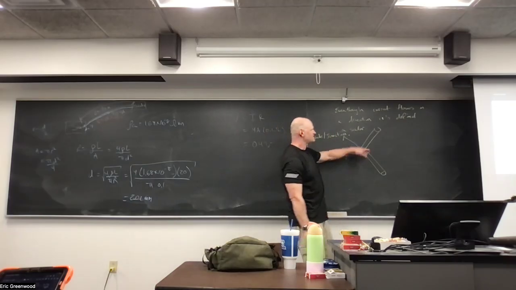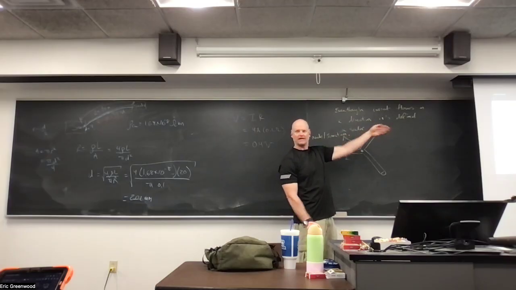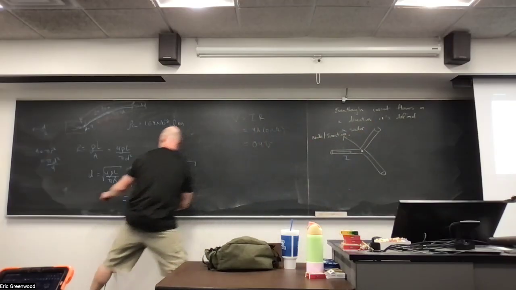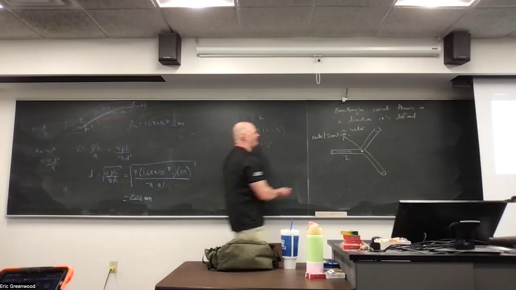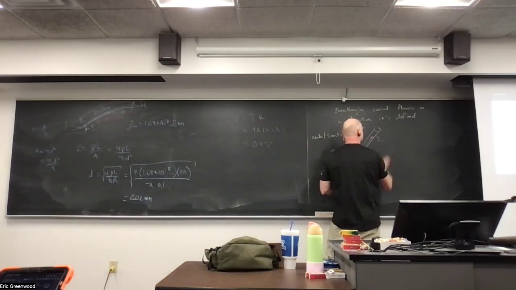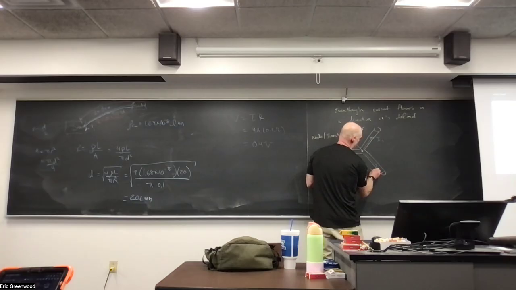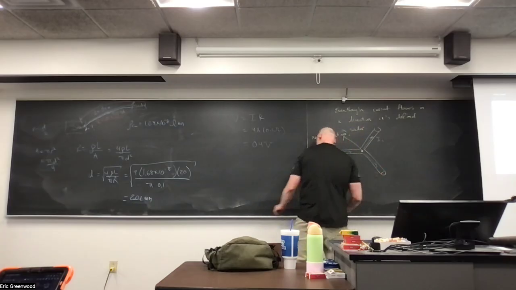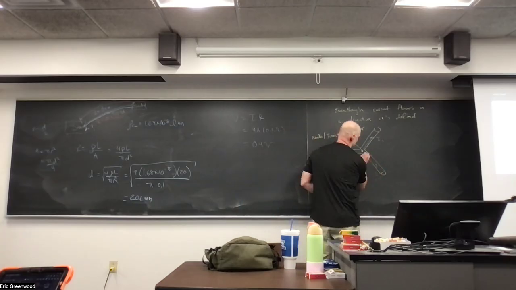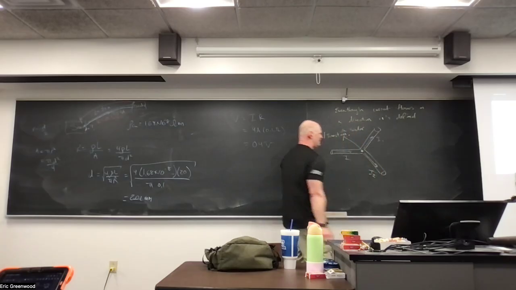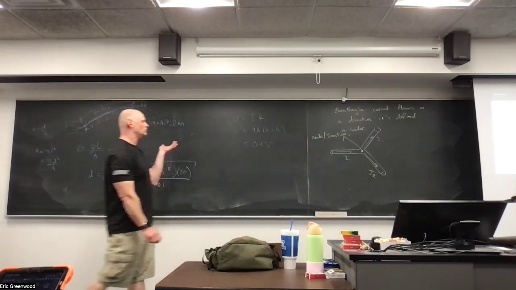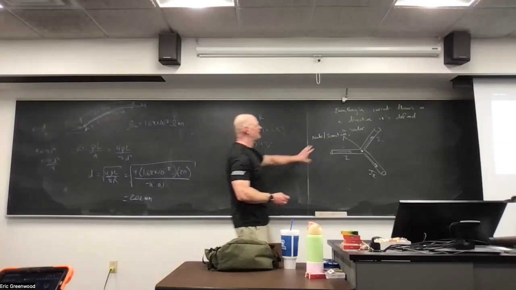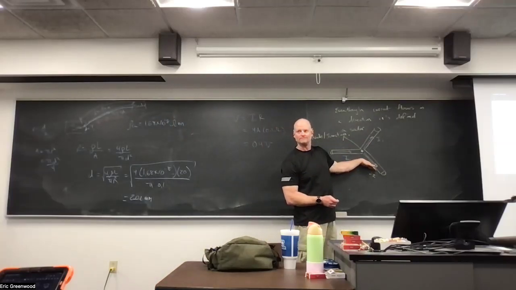And then by the time it gets here, it's going to split into 2 pieces, right? So I'm going to have some current going in this direction. Let's call that I1. And I'm going to have some current flowing in this direction. Let's call this guy I2. Now, what has to be true is that the current coming in has to equal the current coming out.